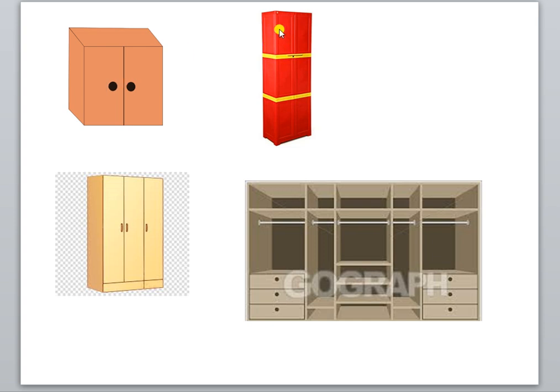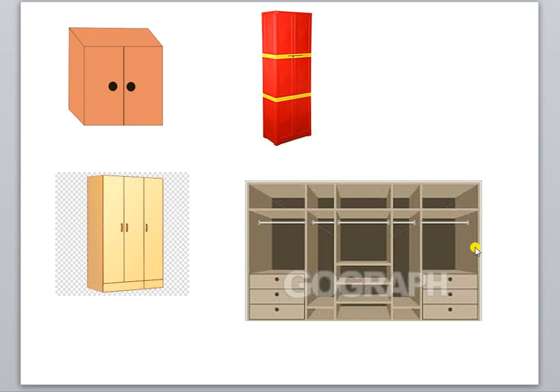Here you can store more clothes than the small cupboard. In the large cupboard you can store more clothes than these two cupboards. And this is a very large cupboard where you can store a large number of clothes. Correct? Or your jewelry also.